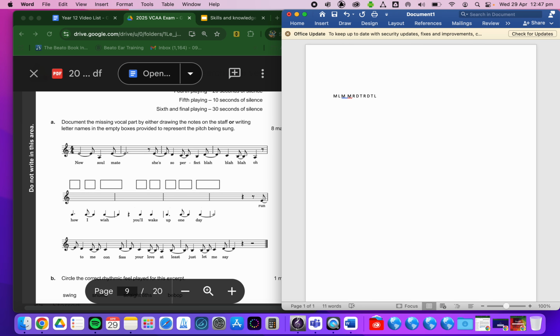And then the last line is mi, re, do, re, do, ti, la, ti, do, re. Okay, so you've got to put in the middle bit.